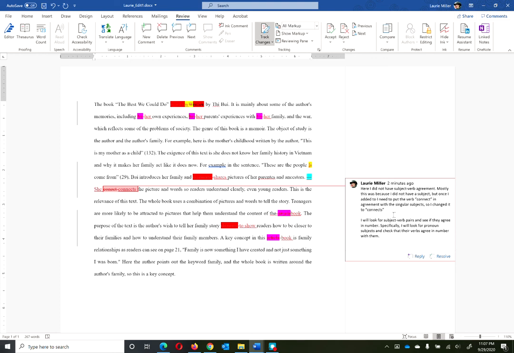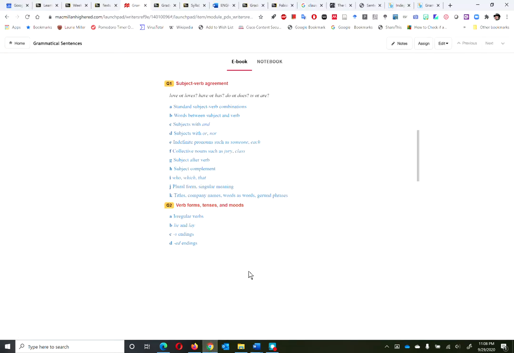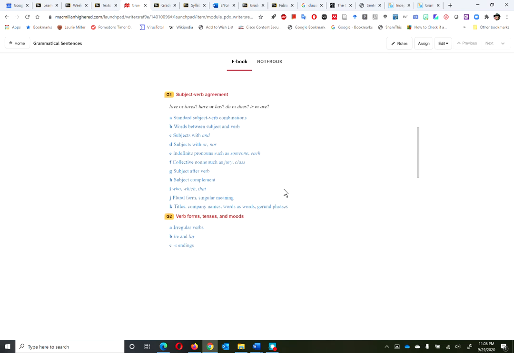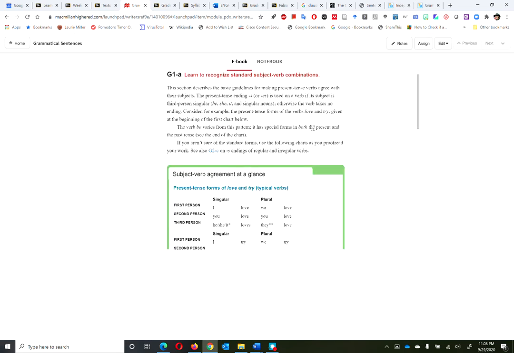And the third move, I've got to give a trail of where I know about this. So I have been digging around in the Launchpad book, and I found this section in the G1, subject verb agreement. And here it says standard subject verb combinations. The present tense ending S is used on a verb if its subject is third person singular, like he, she.